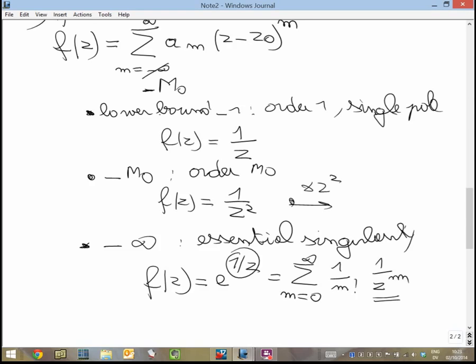There's something funny about essential singularities in the complex plane, and that is that their limit is not really defined. It depends very much again on the direction of approach. That's something you could prove. We're not going to do that.